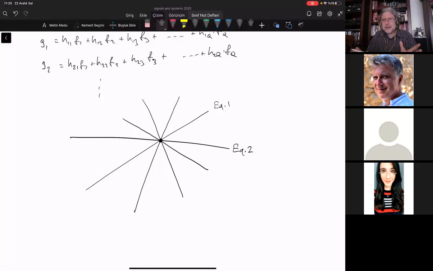How can we find them? Now, here comes at last the projections onto convex sets concept. We start from any arbitrary F value. F1 is equal to something, F2 is equal to something. It's like an arbitrary, random image that we start with, which may be a point here in the Q-dimensional image space.